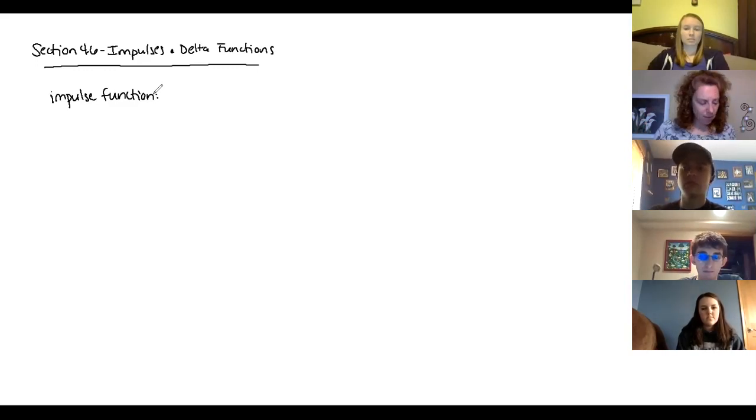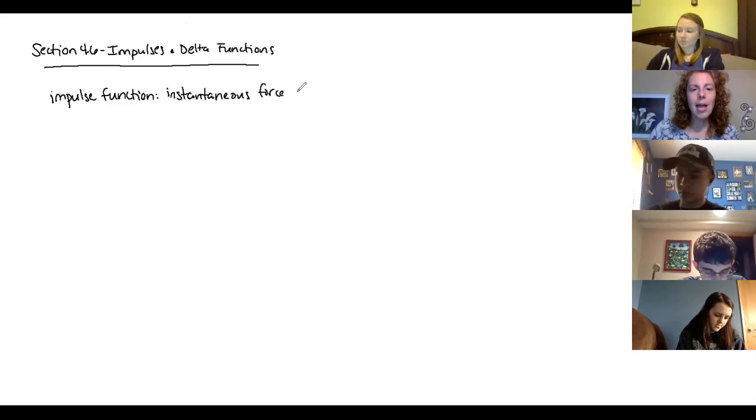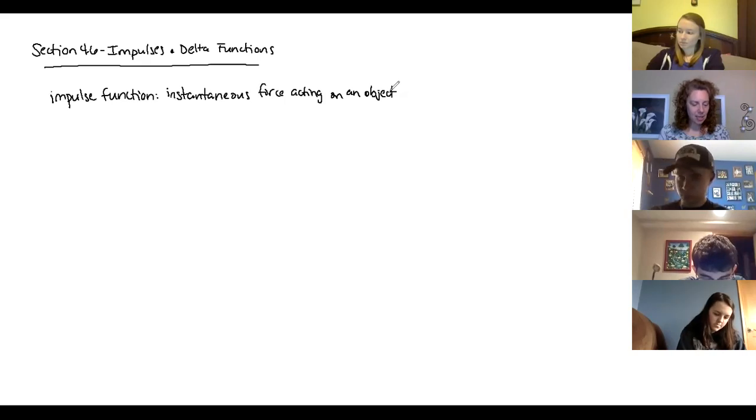An impulse function is basically an instantaneous force acting on an object.